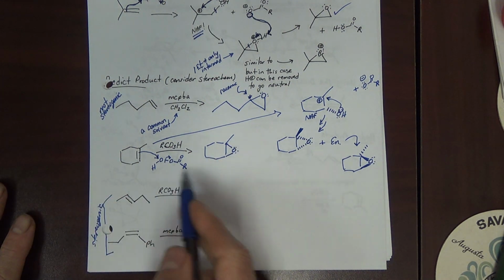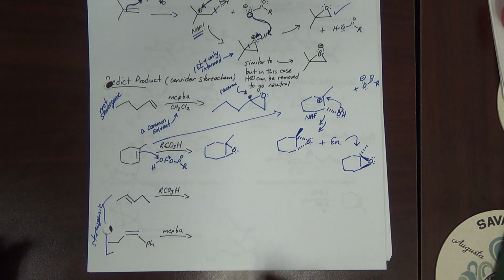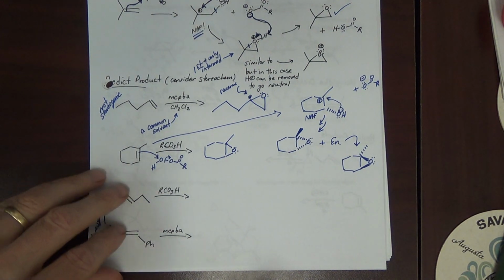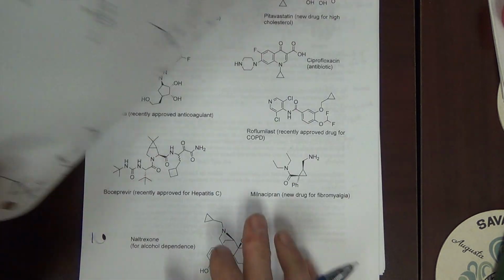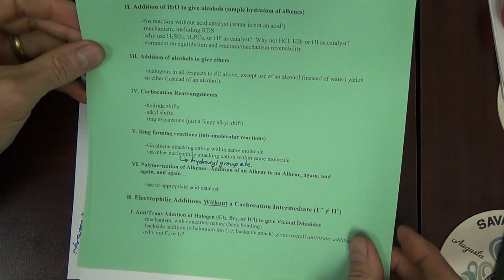Again, just predicting the product with no stereochemistry, you just hook an oxygen to the two alkene carbons. And that's your epoxide. But we need to also be able to consider the stereochemistry. And we'll keep working towards that. Okay, on our outline, did we cover everything about epoxides?